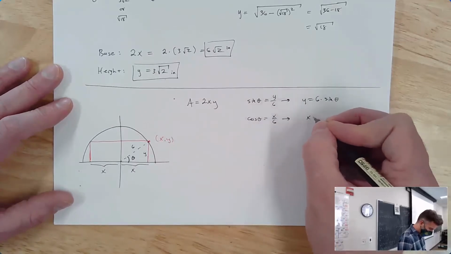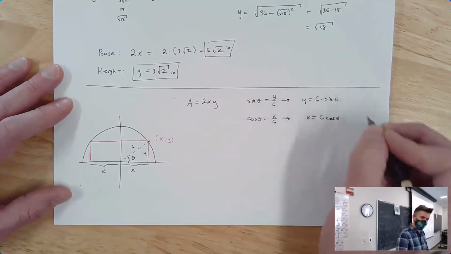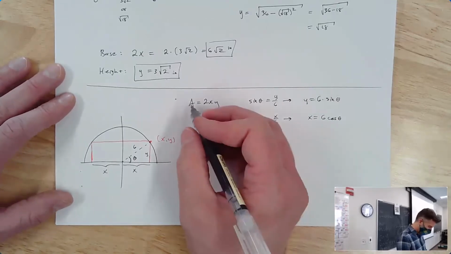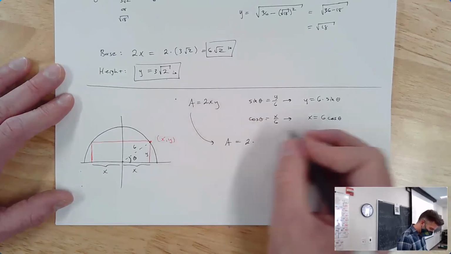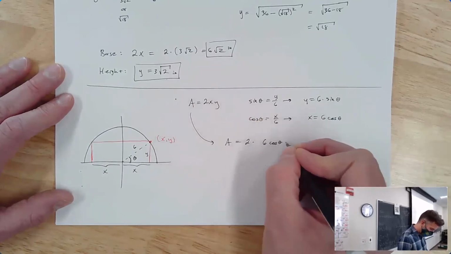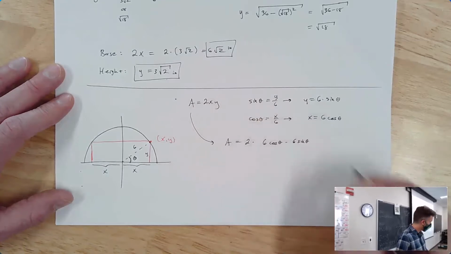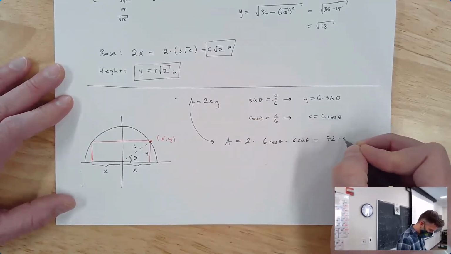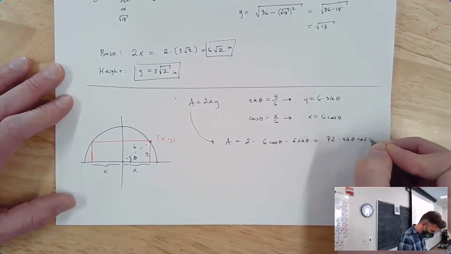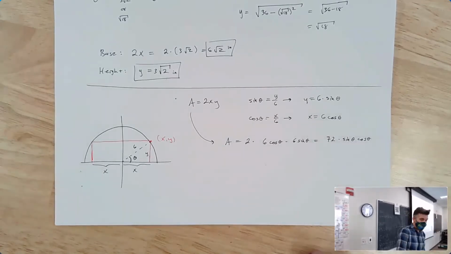So x equals 6 cosine of theta. And then my area equation becomes 2 times 6 cosine theta times 6 sine theta, which simplifies to 72 times sine theta cosine theta.